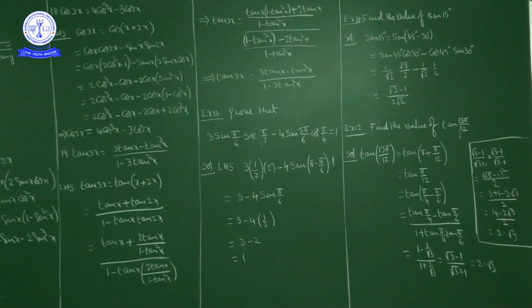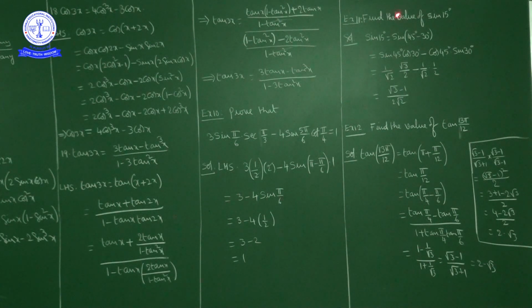To find out sin 15 degrees, what did we do? Sin 15 degrees as 45 degrees minus 30 degrees. Not only this, you can write 60 degrees minus 45 degrees also. Okay, like that also you can do. Don't write something like 70 minus 55, because you should write it as the difference of two known angles.